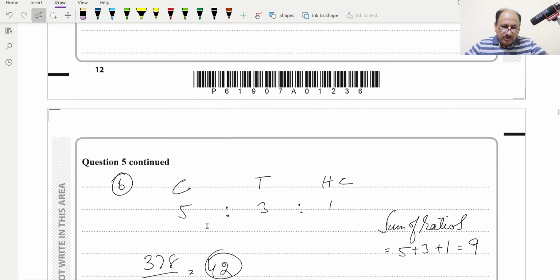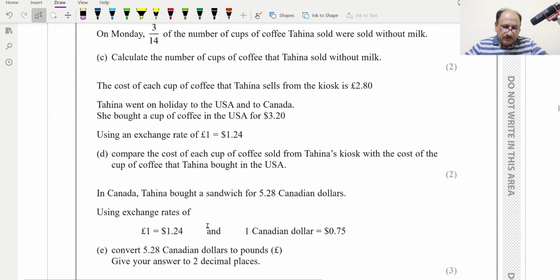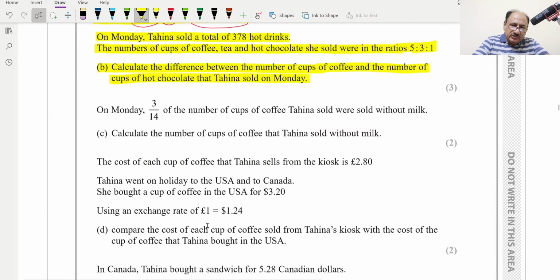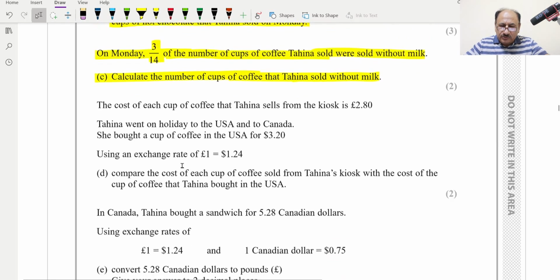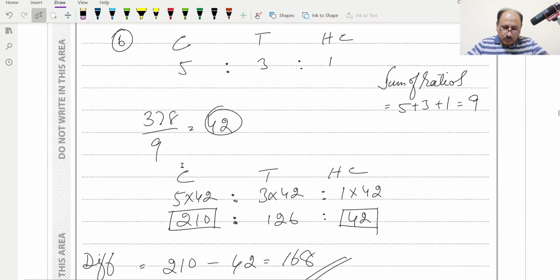Hopefully you understood this. Then we can go through C part. C part says on Monday 3 by 14 of the number of cups of coffee Tahina sold were sold without milk. So calculate the number of cups of coffee that Tahina sold without milk. So now coffee cups without milk is required.